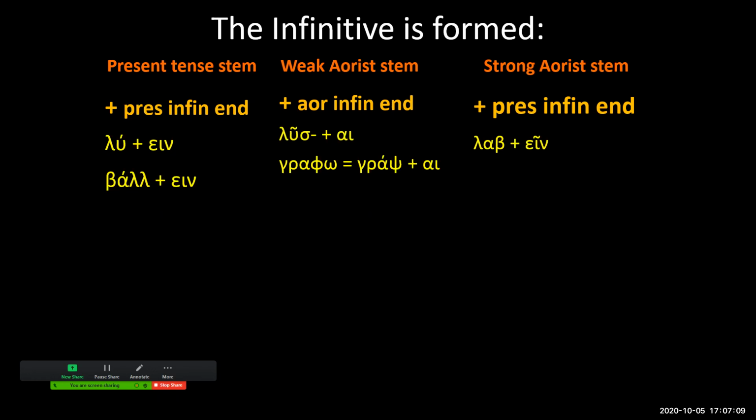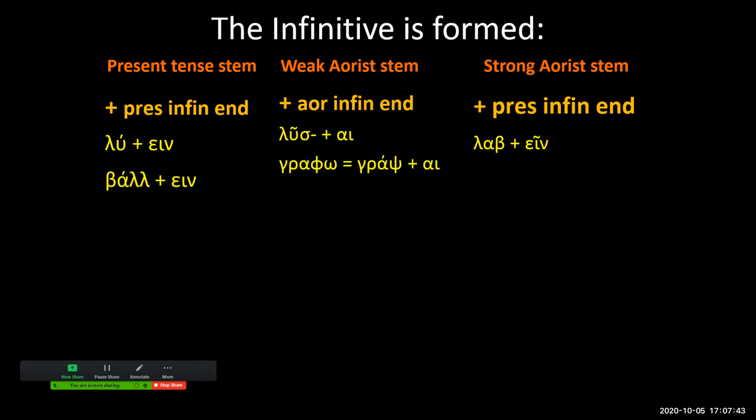It is formed by adding phi with sigma, which becomes psi, and then we add the aorist infinitive ai, and it becomes grapsai, which means to write. You say, yes, but wouldn't the present infinitive be graphein, to write? Yes. And the weak aorist infinitive is grapsai, to write. Yes. Both are correct.